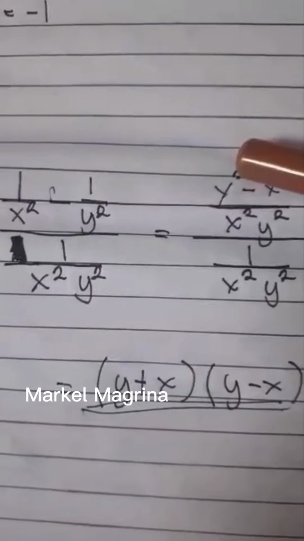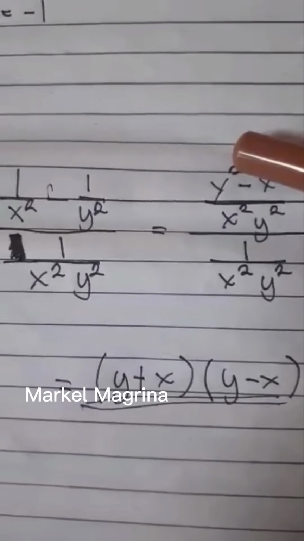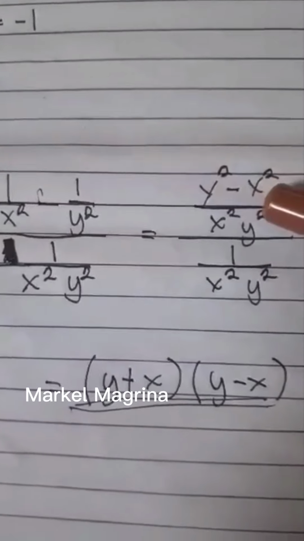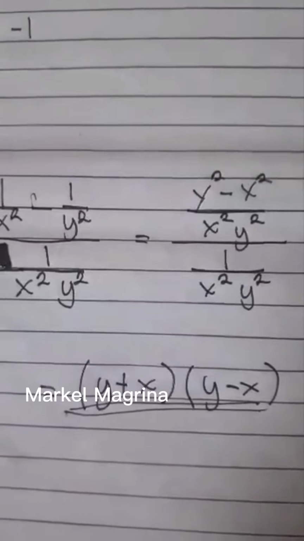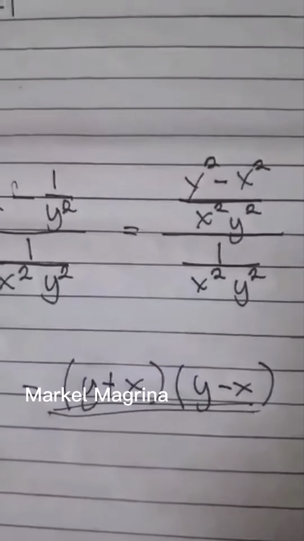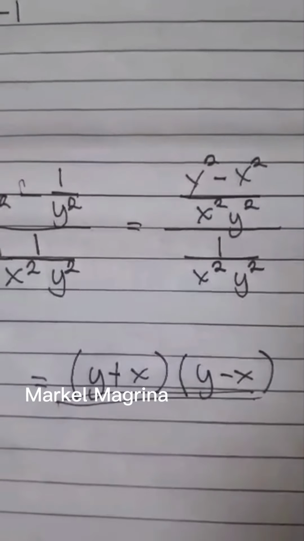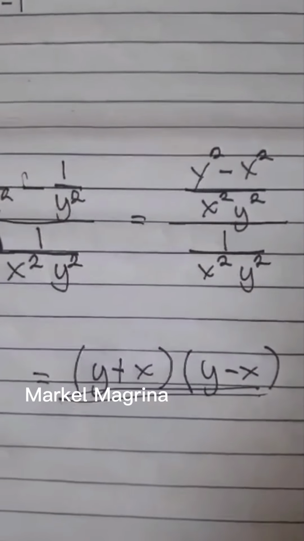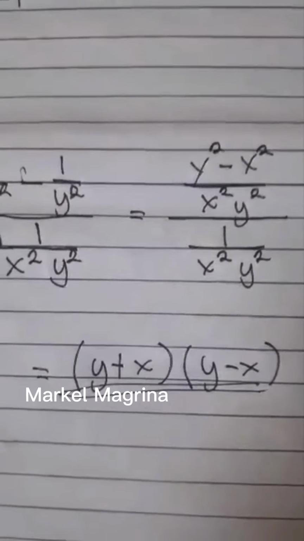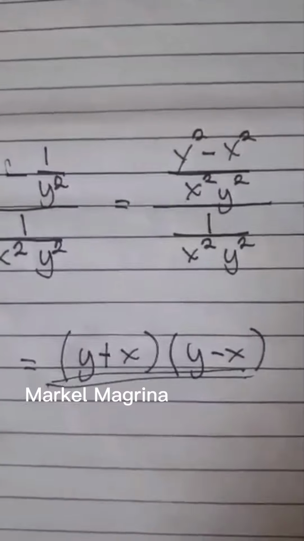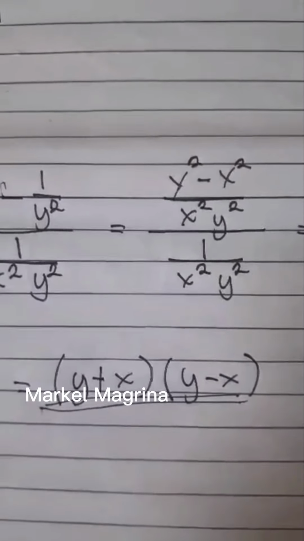That is the numerator, then minus x to the power of 2, since x to the power of 2, y to the power of 2 divided by y to the power of 2 is equal to x to the power of 2 divided by 1, which is x to the power of 2.